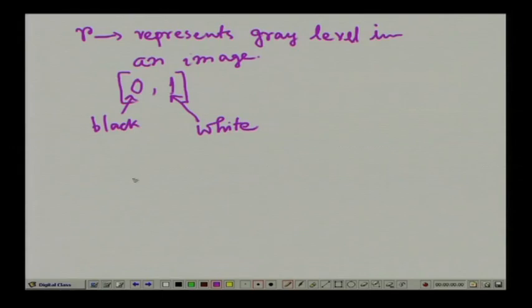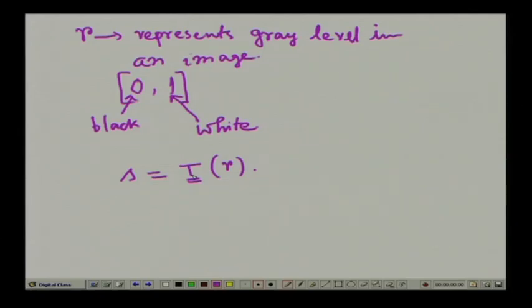Now, as we said that for point processing, we are interested to find out a transformation of the form S = T(R), where R is the intensity in the original image and S is the intensity in the processed image, or the transformed image or the enhanced image. Now, this T, the transformation function, has to satisfy two conditions.